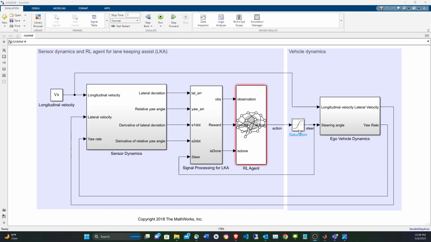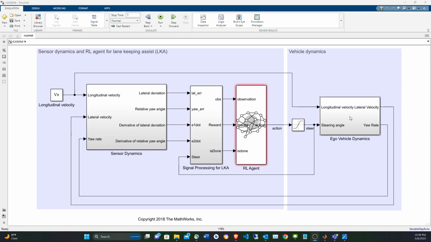Actually, the observation should be enough to take the action, but the reward is part of the training. It's for training purposes. Okay, so the action that is going to be taken is the steering, and the steering is passed to the dynamics, and that dynamics is going to give you another lateral velocity with a new angle. And the steering action is also considered for the reward. That's why it is fed back in here.